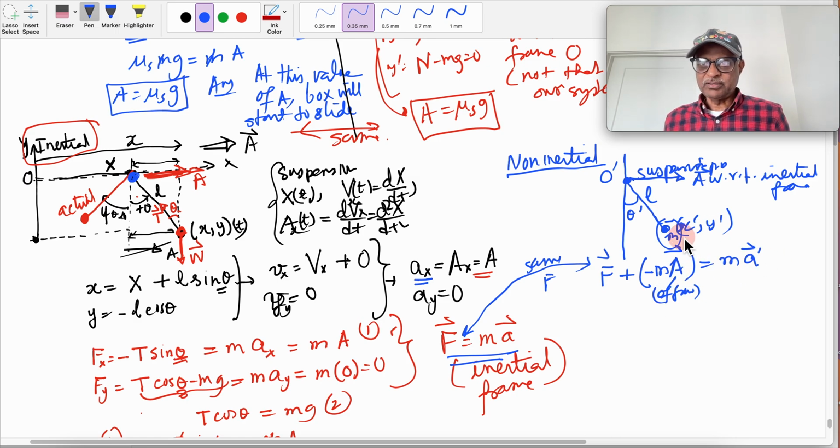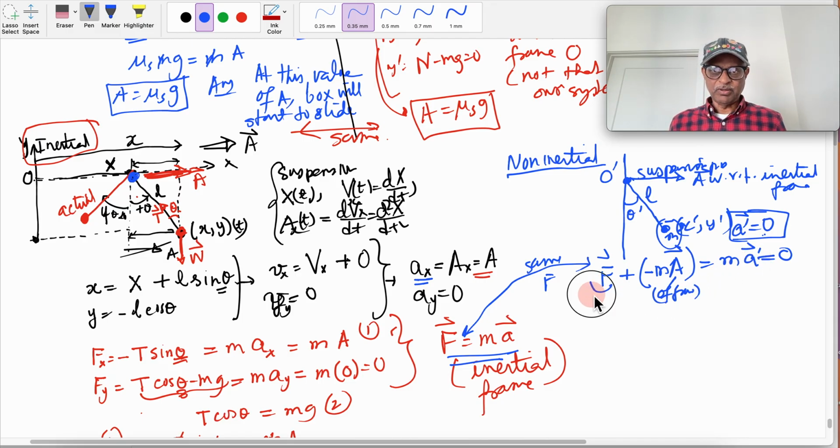And that acceleration in this frame is 0, because it's just suspended there. This is given as a condition for us, so this is equal to 0.